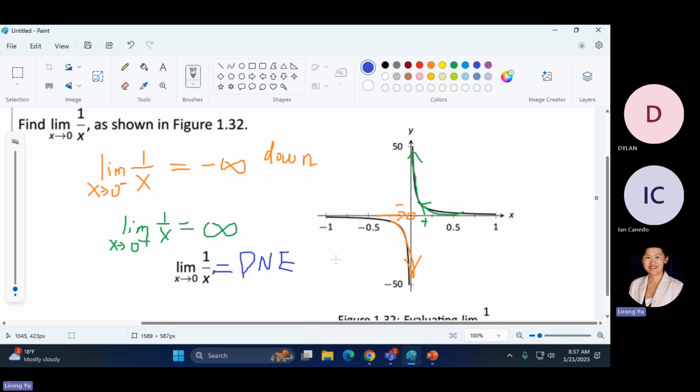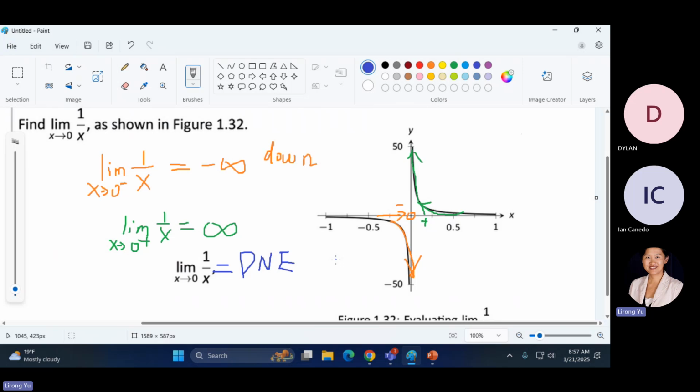So there's a subtle difference between DNE and infinity. Whenever the limit equals infinity, we want to be able to see it and study it. That's why we invented the notion of infinity, because when the limit equals positive or negative infinity, it shows a tendency of the graph, right?